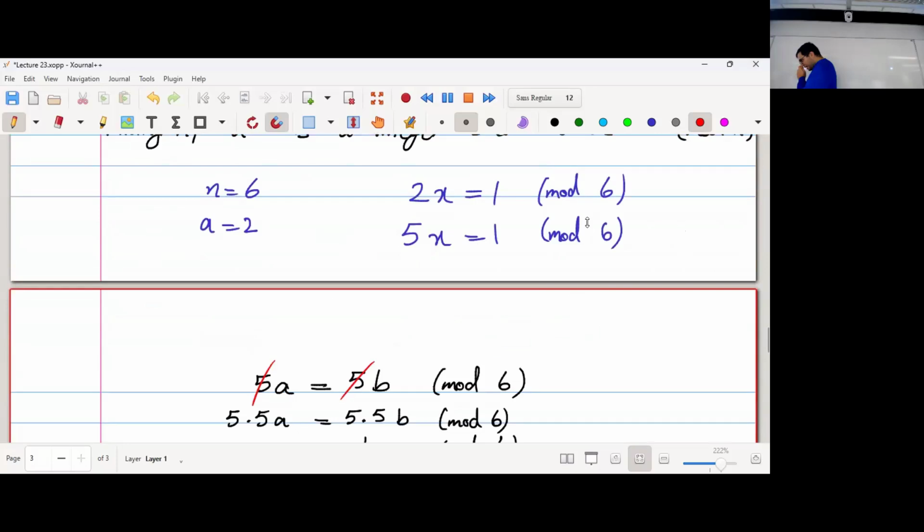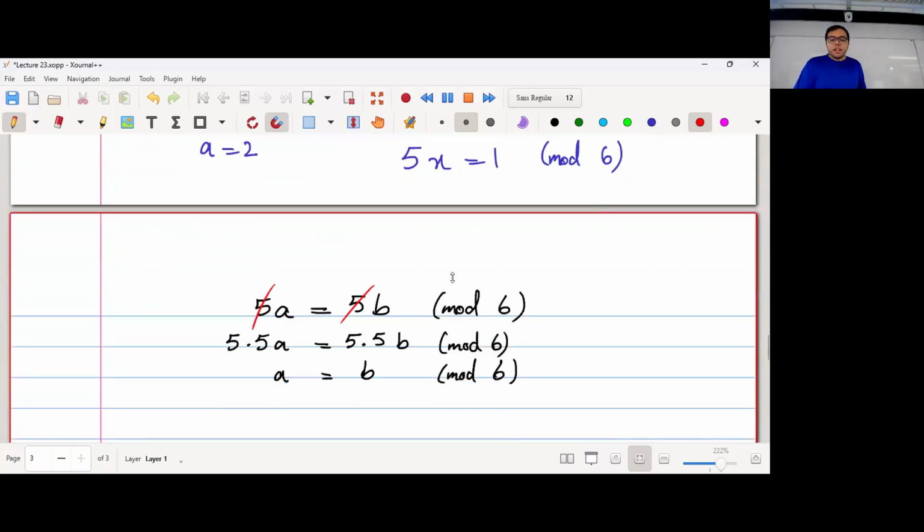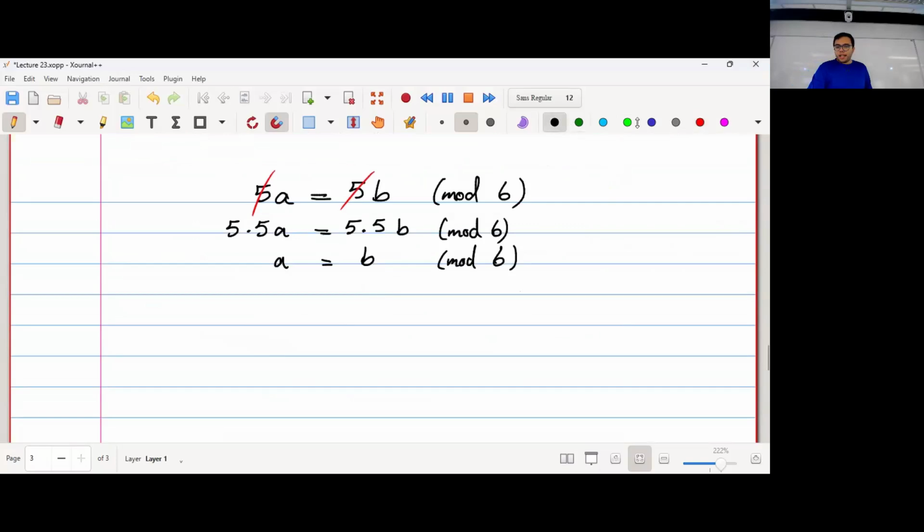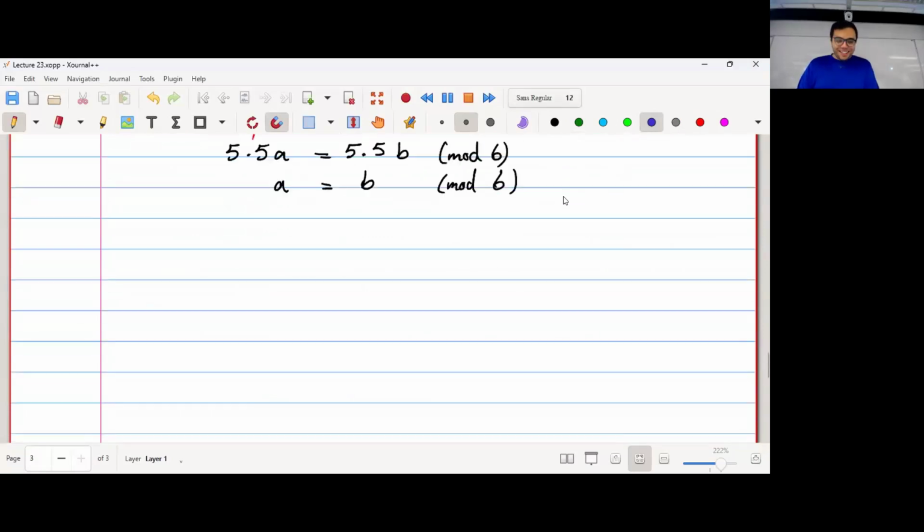So in general, I want to figure out what are the numbers that can be canceled. If I'm doing my calculations modulo n, so in this case, for example, modulo 6, what are the numbers that are like 5 that I can cancel from both sides? Right. So to do that, we're going to go back to graph theory, actually. Okay. So here's some weird thing we're going to do. Consider all the numbers modulo n, and we said that instead of having all of them, we just represent them by their remainder.